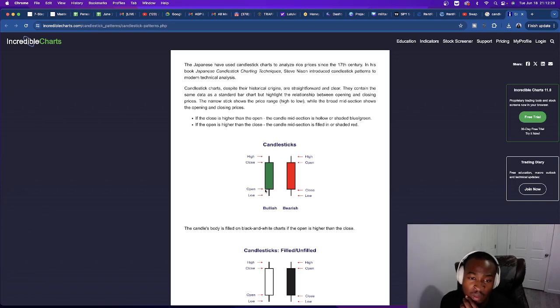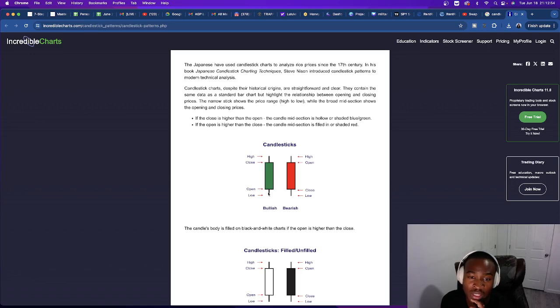The only thing that you have to get used to is looking at how the candle body and wicks form. If it's a green candle, that means it started somewhere low and it moved somewhere high. The wicks are showing you where price has been before in the past.